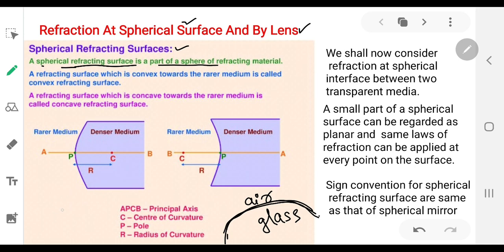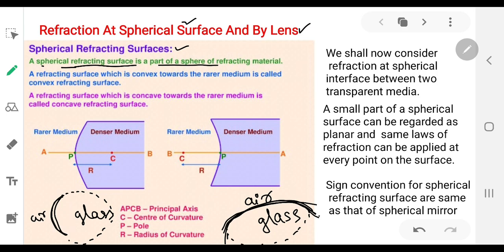If you complete a sphere using this refracting surface, which separates two media, you are going to get a sphere. Then you can say this refracting surface is a part of a sphere.